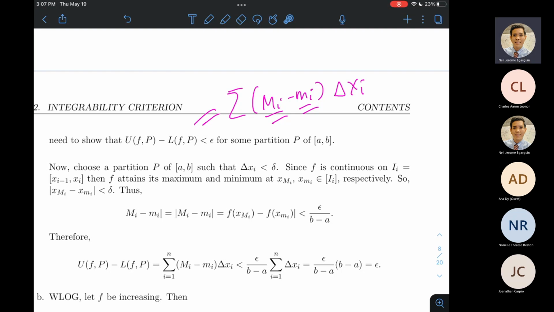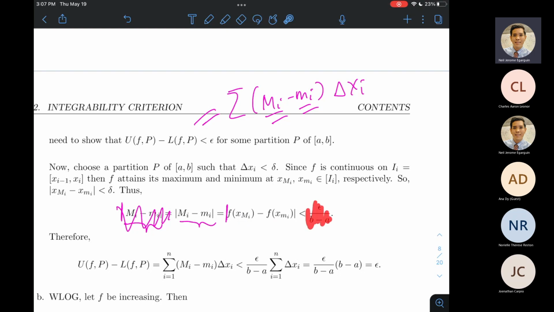Okay? So that means, yung kailangan natin dun sa U minus L na formula ay pwede ko na palang tumbasan ng ito, okay? Equal lang siya sa function value ng x sub capital Mi at saka x sub little mi. Okay? So, yun yung alam natin so far.